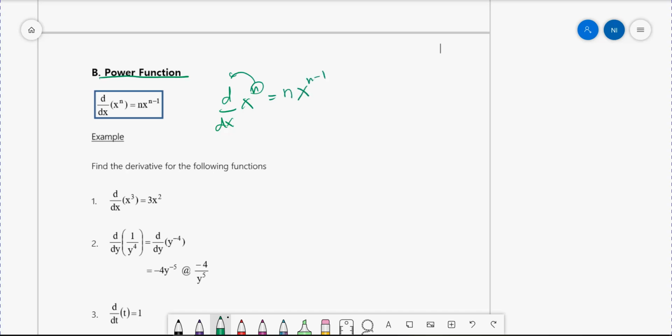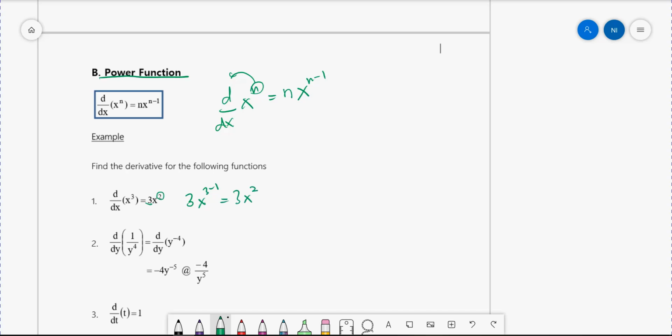For example, find the derivative of the following functions. Differentiate x power of 3 with respect to x. Bring the power forward, we have 3, and then 3 minus 1 is 2, so that will be 3x power of 2.